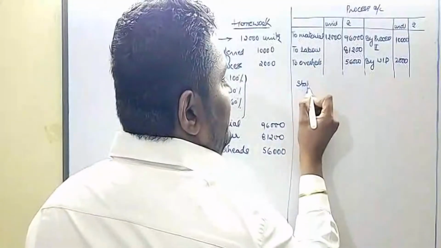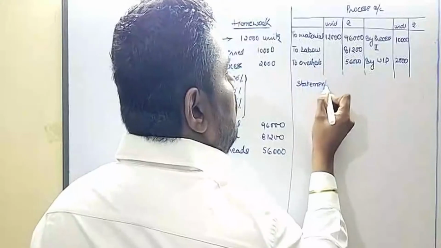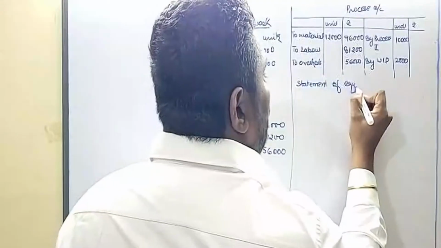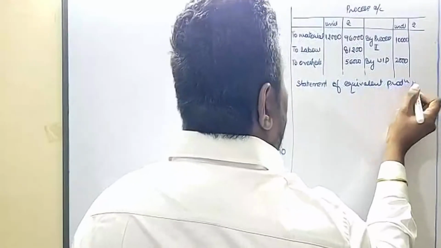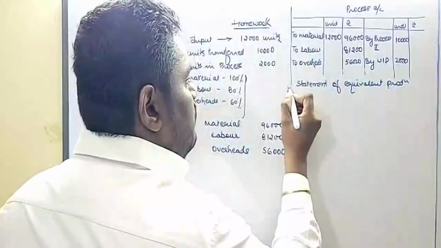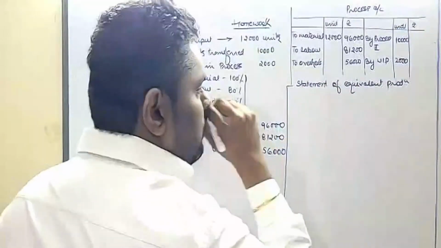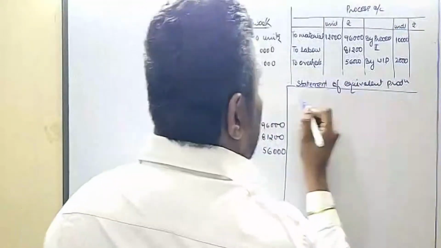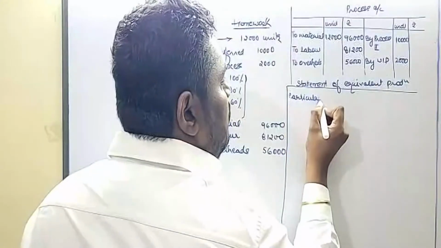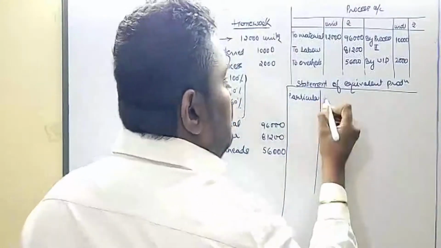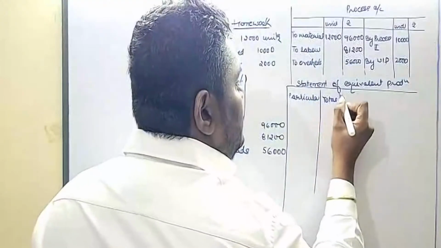Now we'll prepare a statement of equivalent production, wherein the first column will be particulars, the second column will be total.